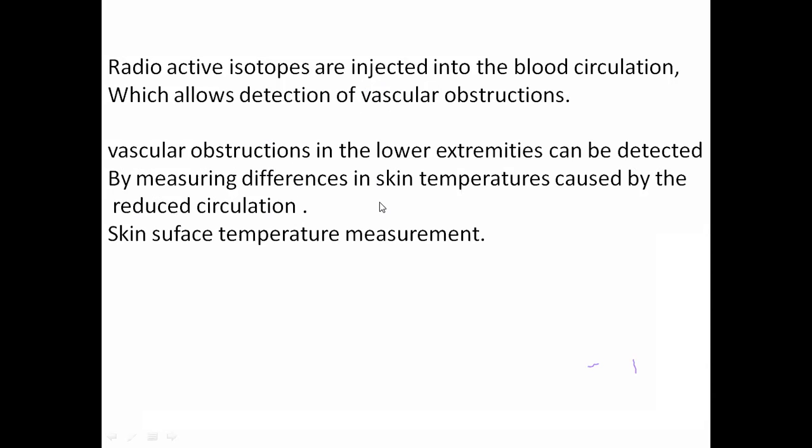Suppose there are obstructions in the vascular lines or blood circulation paths, such as the inferior vena cava.